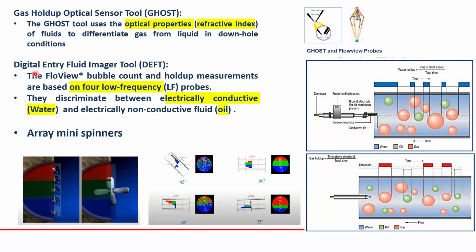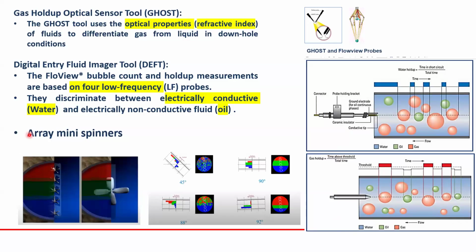And the digital entry fluid imager tool, DEFT, the FlowView bubble count is the same, but it's resistive. It's the same with low frequency, a probe with electrical properties. So it can make a bubble count and differentiate between oil and water. So this one is gas and fluid, and this one is oil and water. Both of them can give you how much water, how much oil, how much gas.